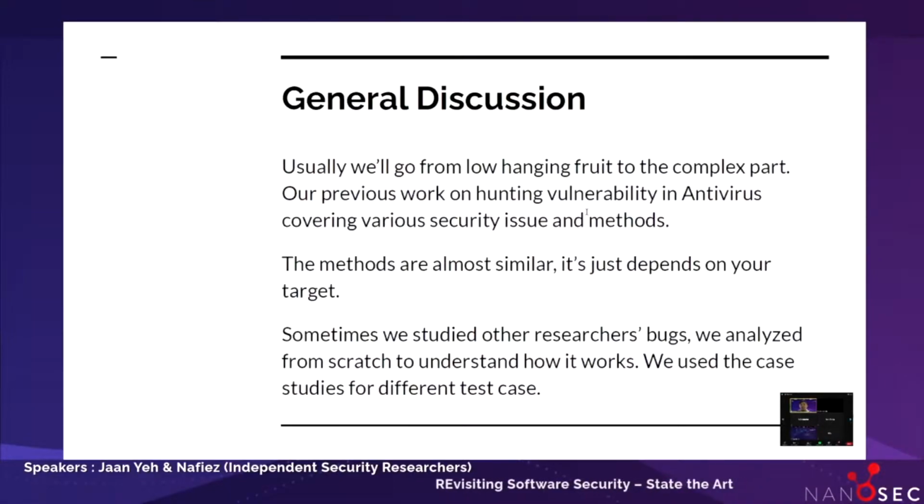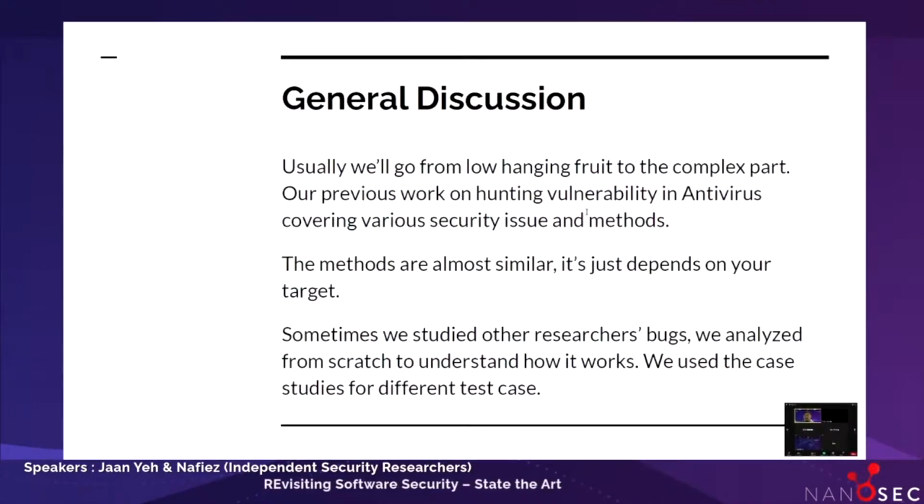The methods used here are almost similar. It just depends on your targets. We study other researchers' works and write-ups, then analyze from scratch to understand how it works. Basically, we try to reproduce their findings and get the same result. We then use that particular case study for different test cases on our end.